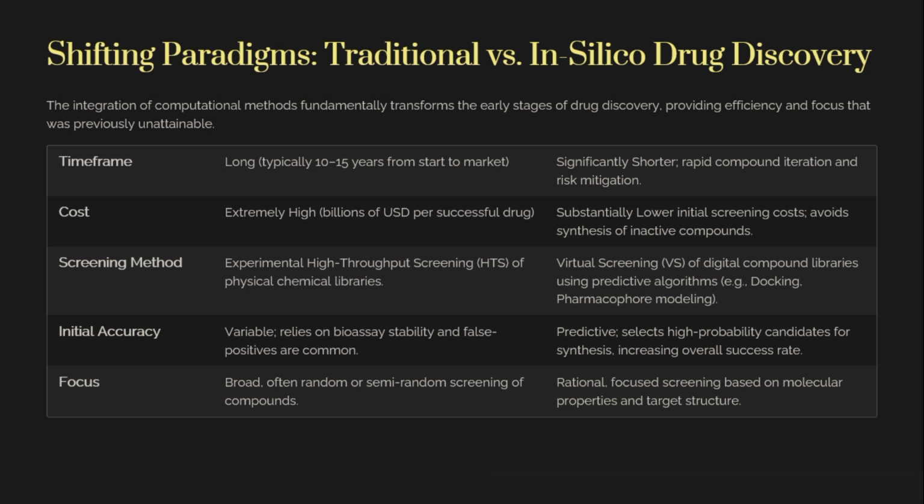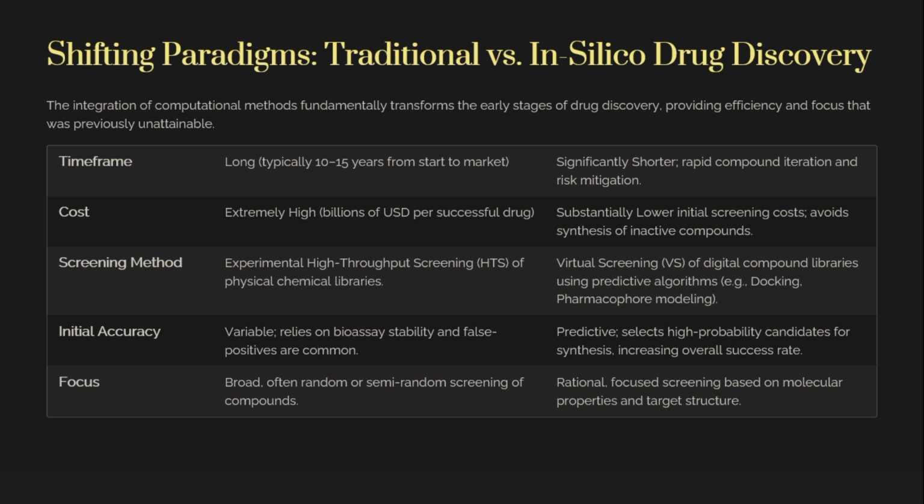It also saves the cost of the traditional lab. Screening method: experimental high throughput screening of physical chemical libraries, versus virtual screening through docking and pharmacophore modeling. Docking is the main procedure around which computational chemistry moves. Whether you are going through drug discovery or any other computational research, docking is the main procedure that everyone should learn.